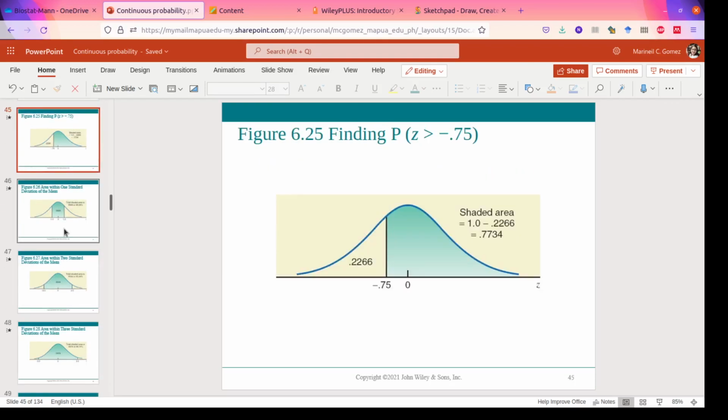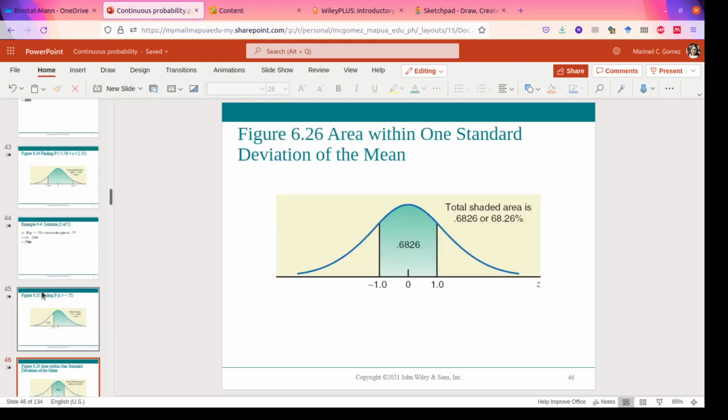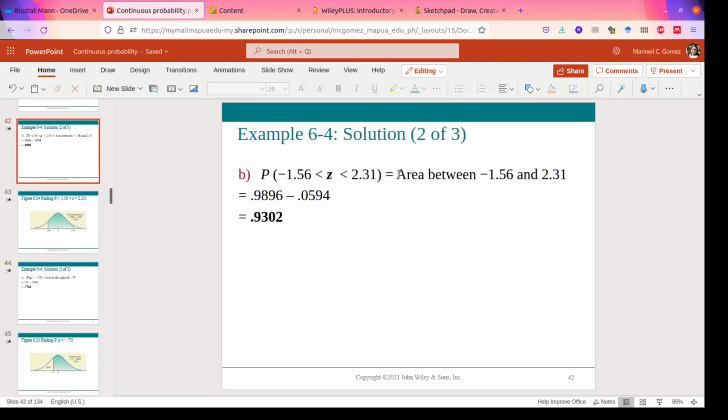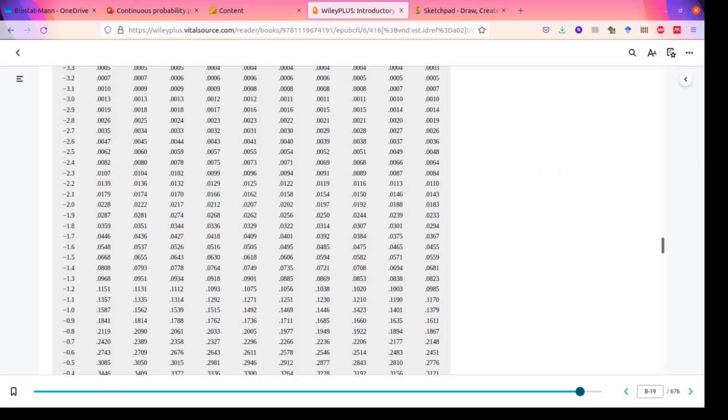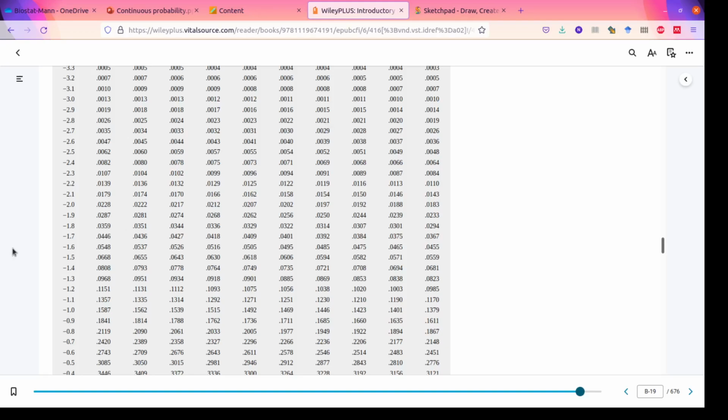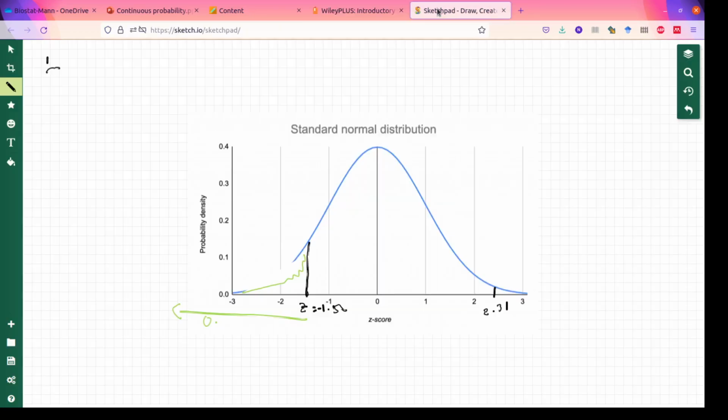So the area to the left of negative 1.56 is 0.0594.